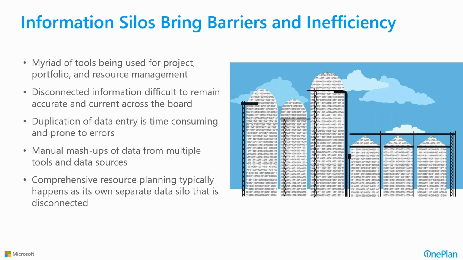For the purposes of this topic today, this makes comprehensive resource planning more difficult, and it typically ends up happening in its own separate data silo, disconnected from the rest of the project and portfolio management information. So this is what we find is happening out there in the marketplace today.